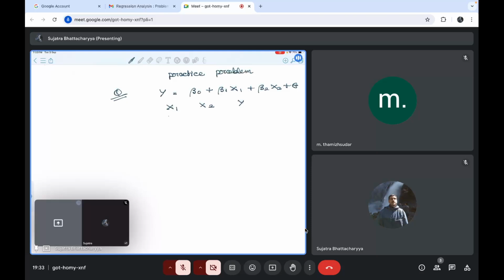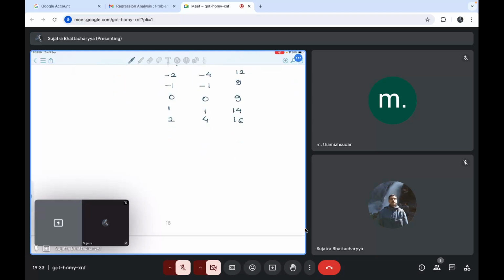So x1 is -2, -1, 0, 1, 2. And x2 is -4, -1, 0, 1, 4. And y is 12, 9, 9, 14, and 16. So these are the samples which are given.